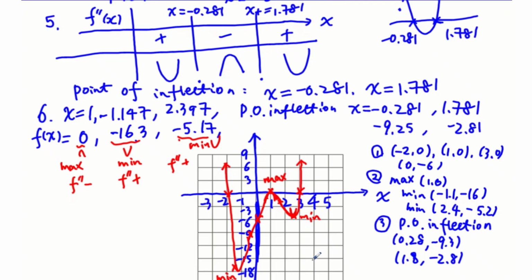So this is a point of inflection, and this one is also a point of inflection. So maximum, minimum, maximum, and also the intercepts. Altogether 1, 2, 3, 4, 5, 6, 7, 8, 9, so altogether 9 points.